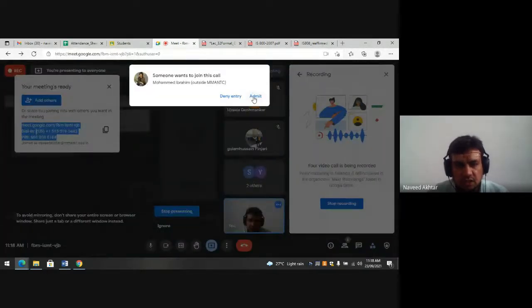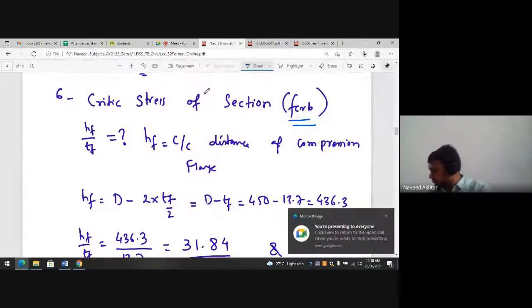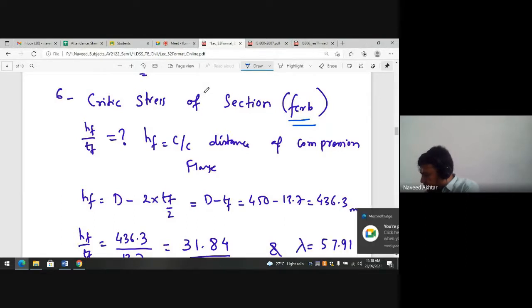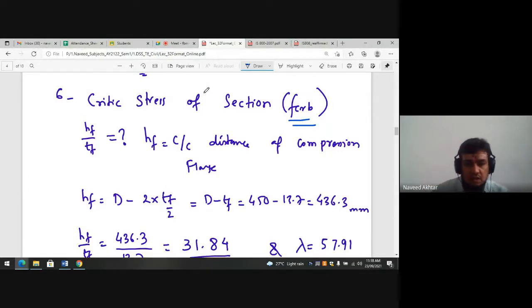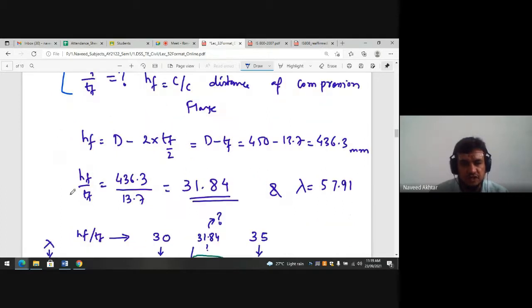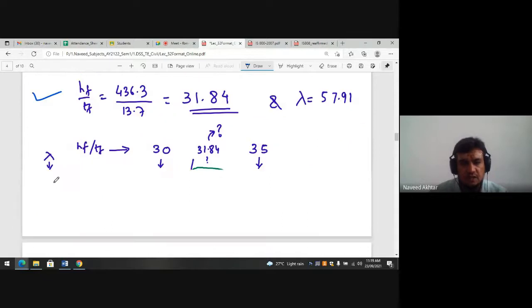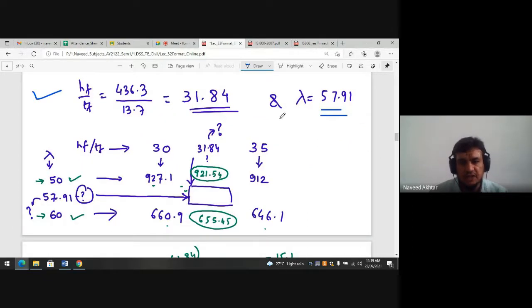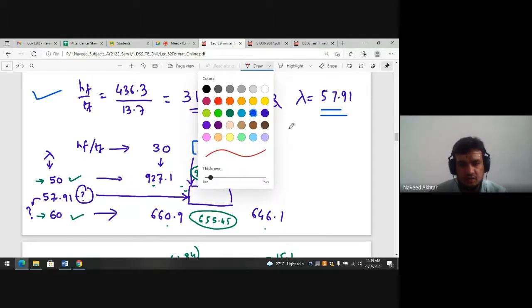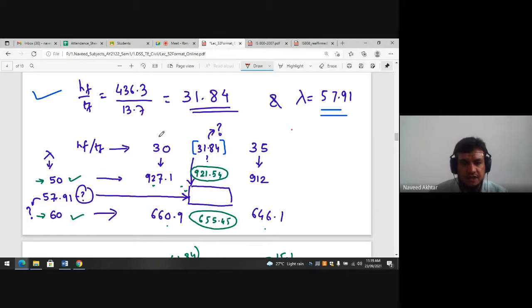Then we find the critical stress in the section, fcrb, by using table 14 of our IS code. The hf by tf ratio you can find out. This is the hf by tf ratio, which we have calculated as 31.84.